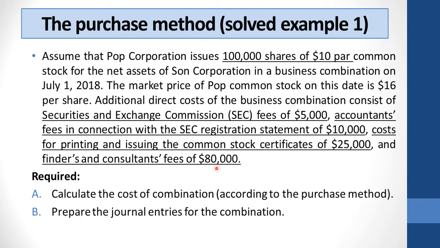You are required to do what? First, we need to calculate the cost of combination: how much POP will pay or invest in order to combine with Sun according to the purchase method. Number B, prepare the journal entries for the combination.